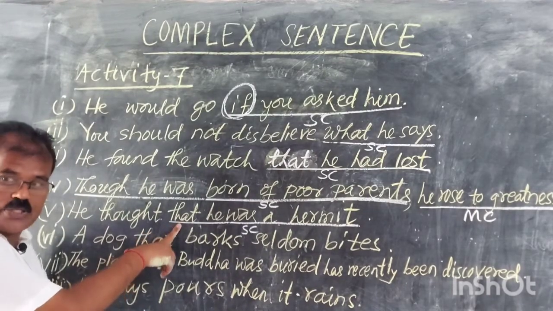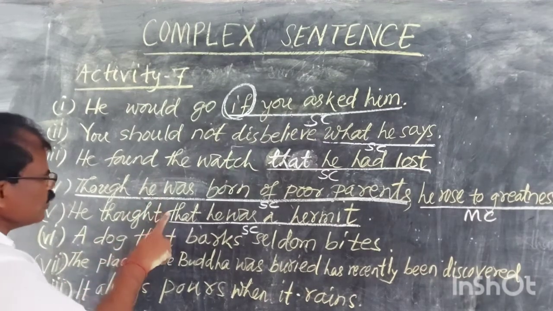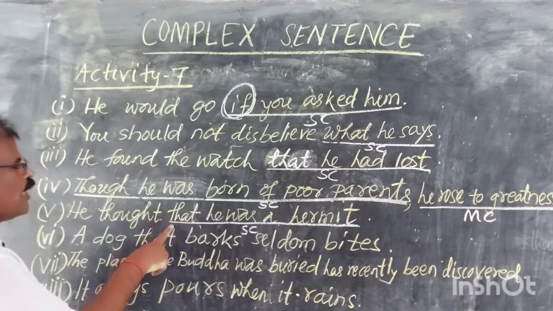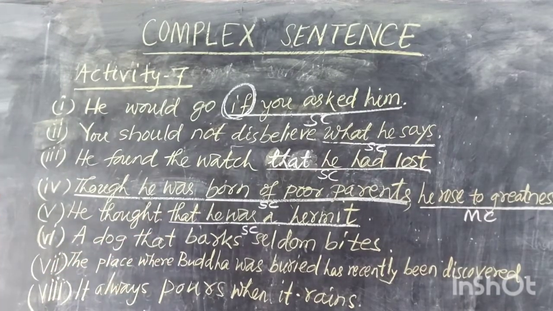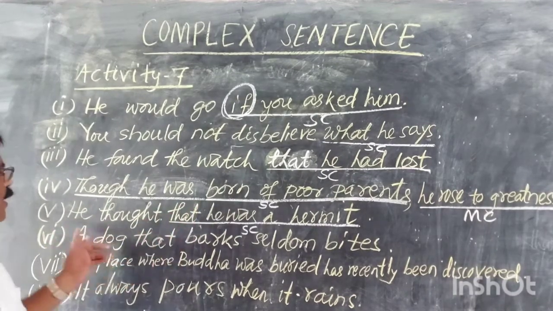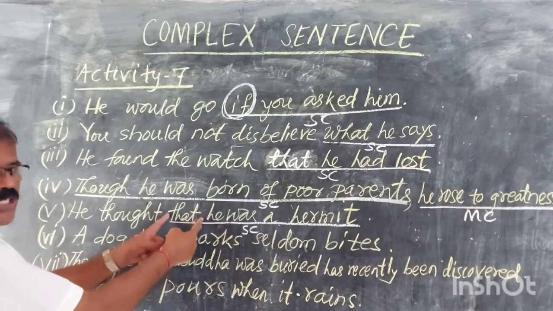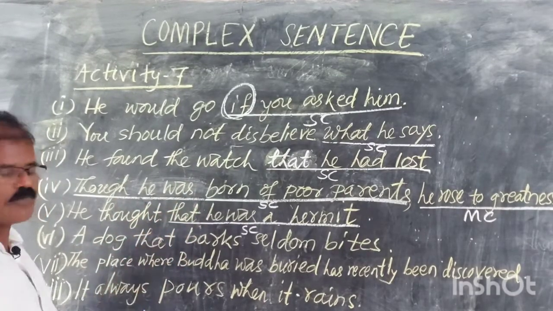Subordinate clause begins with a subordinator or a conjunction. So you must begin with the conjunction. Okay? You cannot say he thought that. This is not a clause. This is the conjunction. So the subordinate clause will begin from here always.